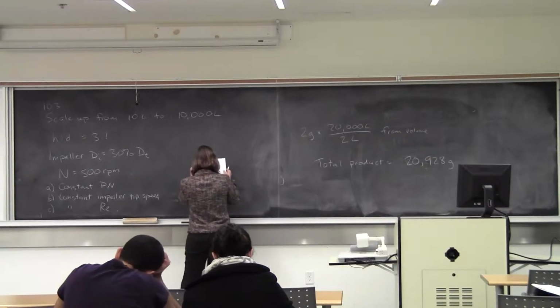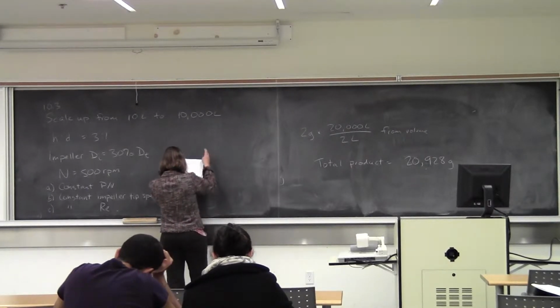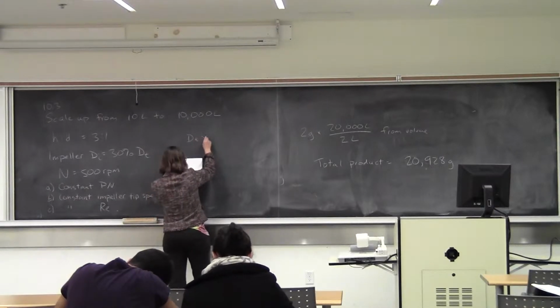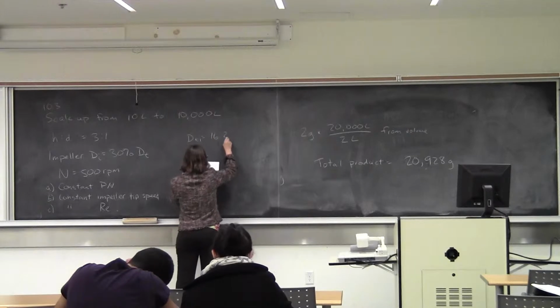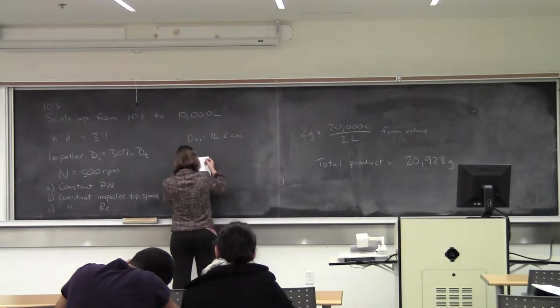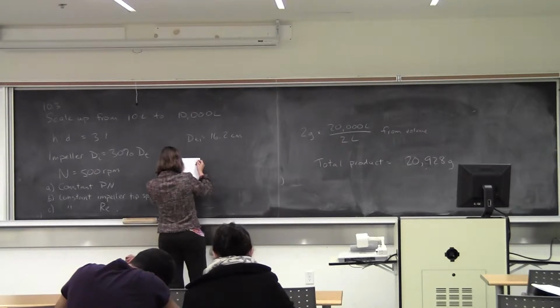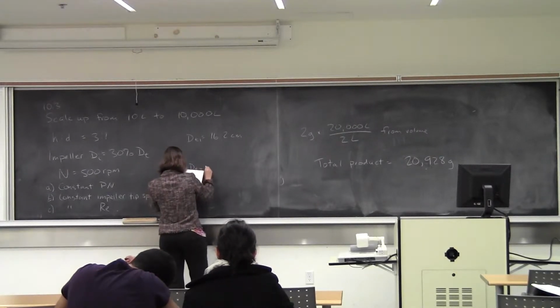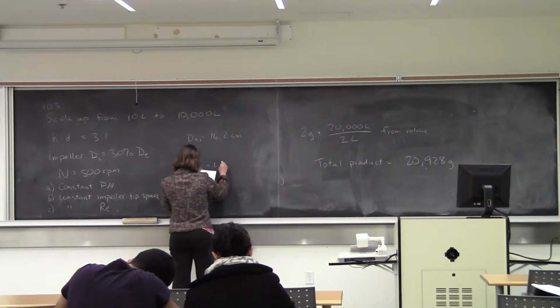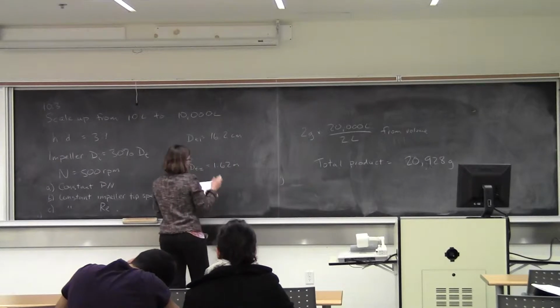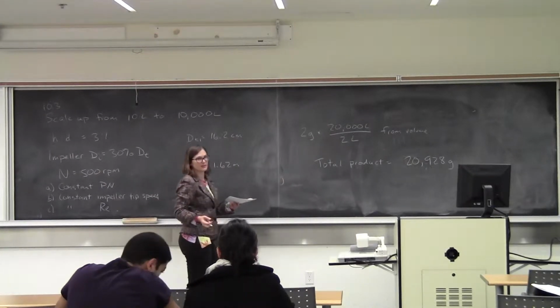So we've got DT1, 16.2 centimeters, and so DT2 is 1.62 meters. Okay, and DI is going to be 30% of that.